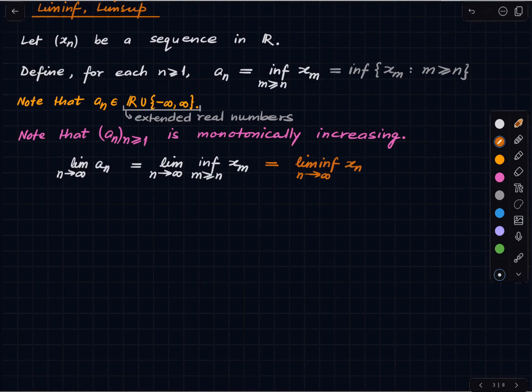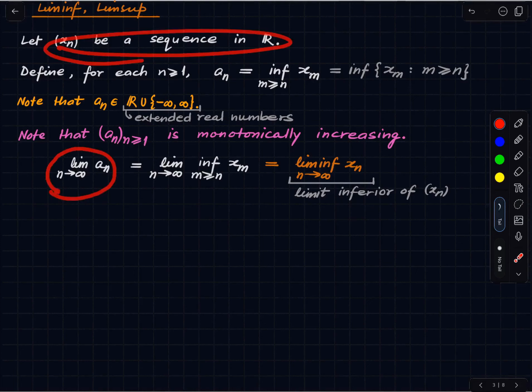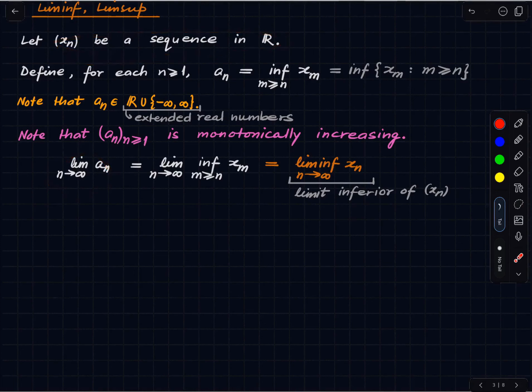And this is called the limit inferior of the sequence xn. So the limit inferior could be minus infinite, plus infinite, or some real number. A priori, we don't know anything about it. All right, so just a definition. Starting with the sequence of real numbers, you can define this thing, which is an element of that set, meaning it is an element of the extended real numbers.